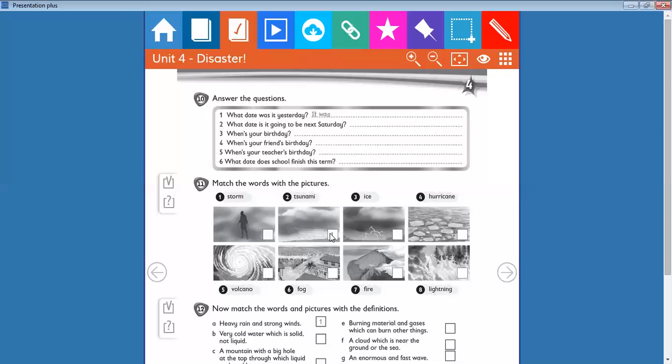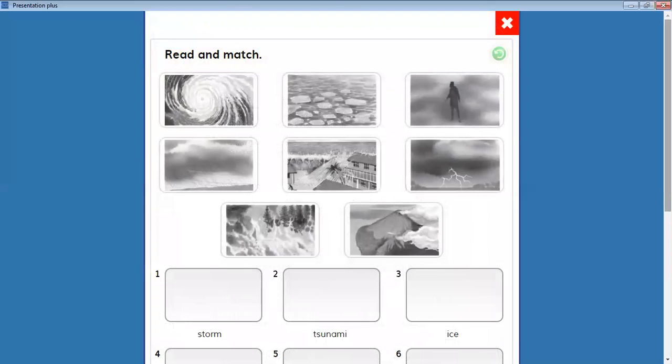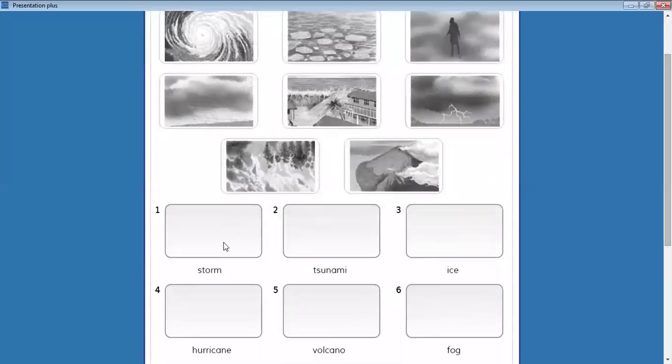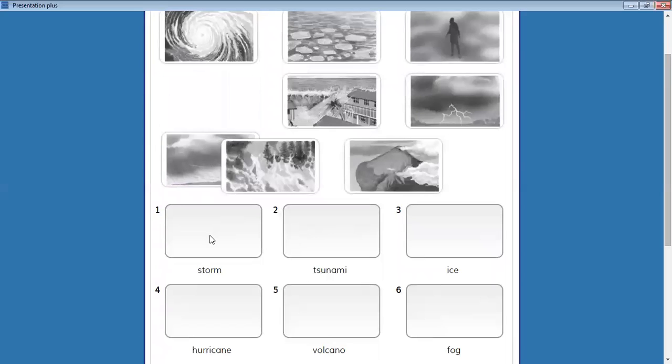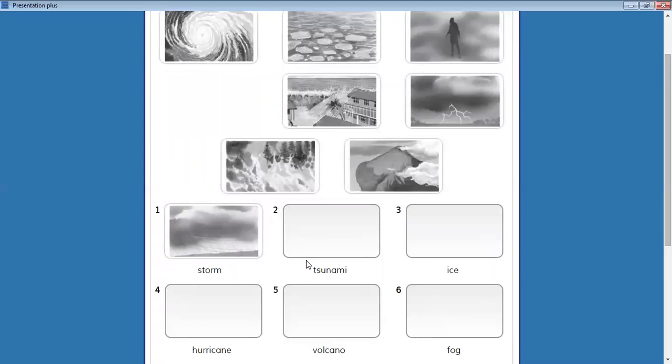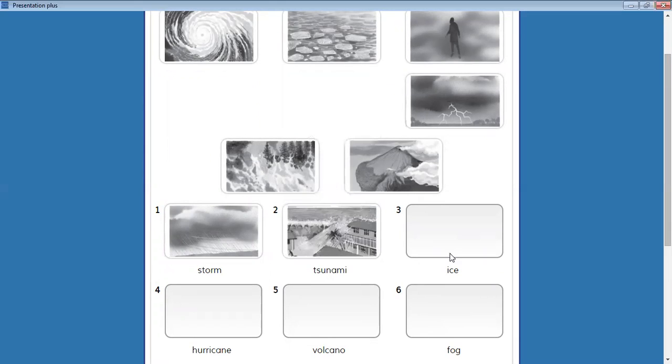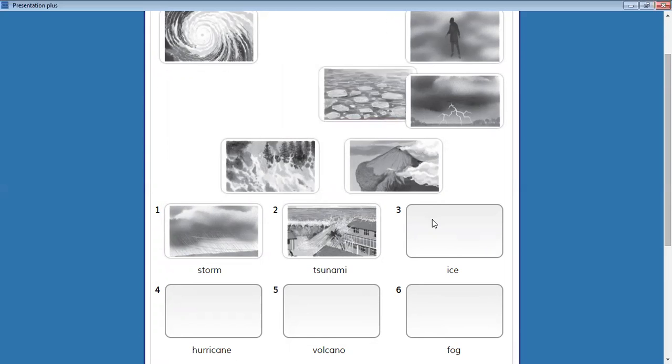So number 1 is a storm. Okay, we are going to do it here. It's better. So storm, this is a storm. Tsunami, this is a tsunami. It comes from the sea. Ice, here we have ice.